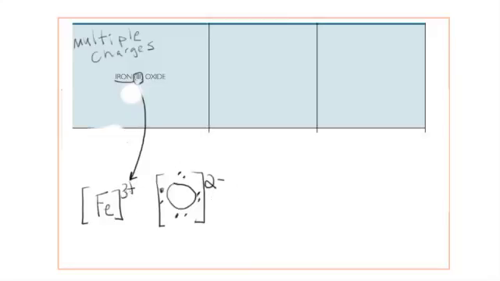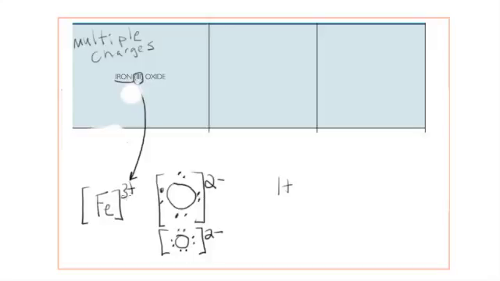Now here's the problem. 3+ and 2- are not neutral. 3+ and 2- still has one extra plus that I need to take care of. Compounds, like atoms, are always neutral. So if I have extra positive, I have to try and balance that out with more negative. But the only way that I can get negative in this compound is with another oxide ion. Another oxide ion.